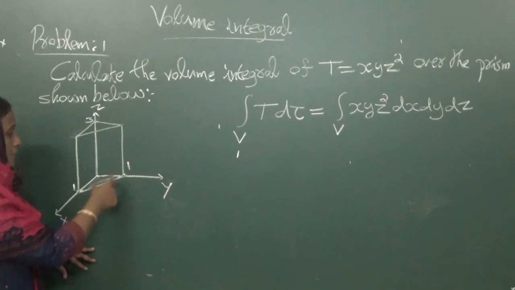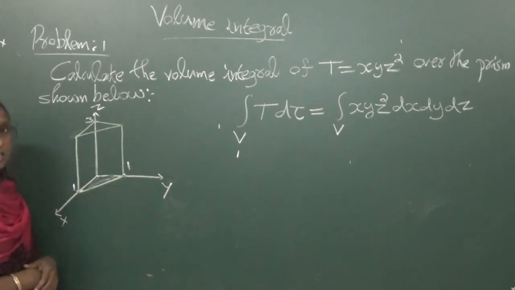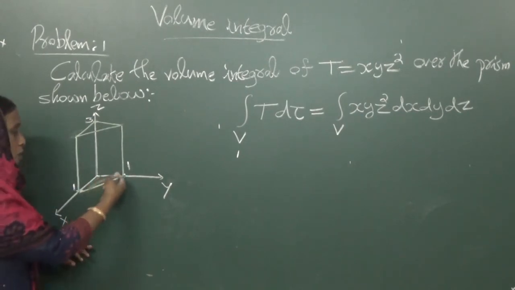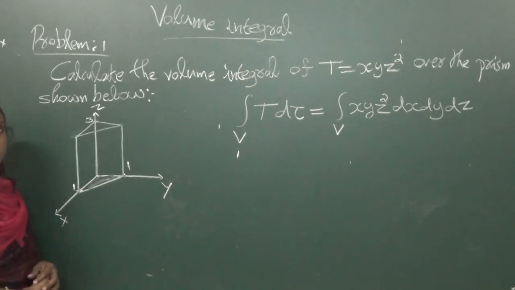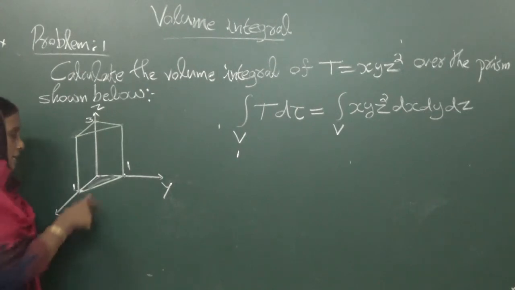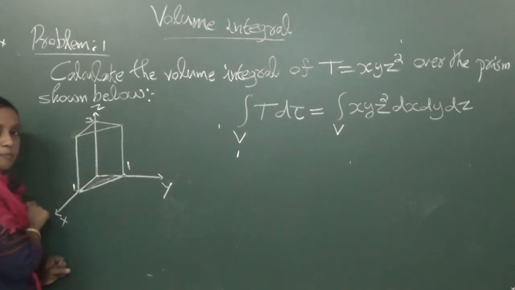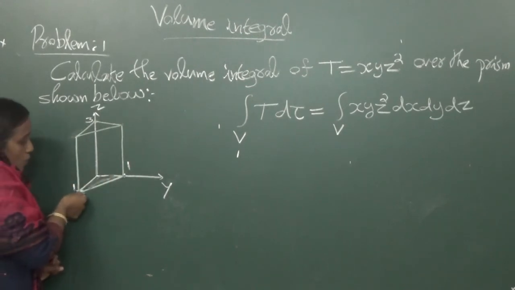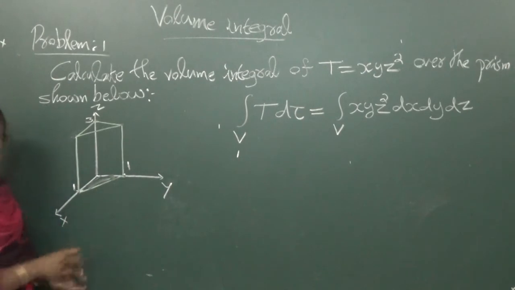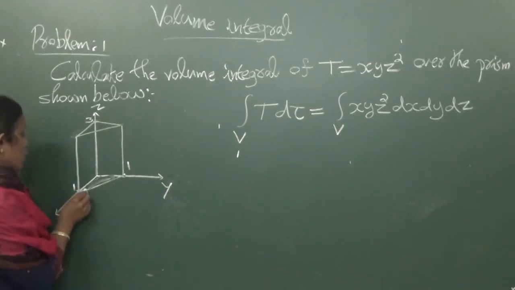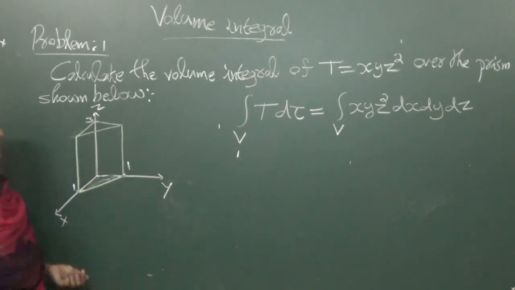So taking integrals dx and dy, you get the area. That means you have to find the area of this prism by integrating through this straight line.